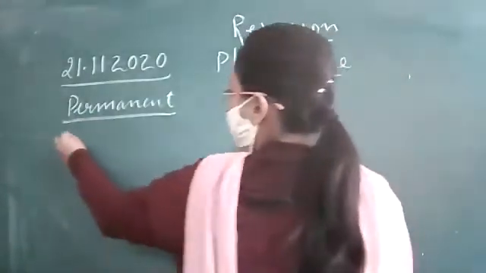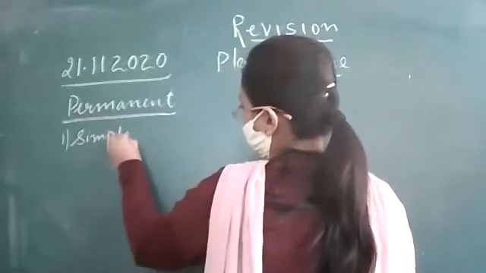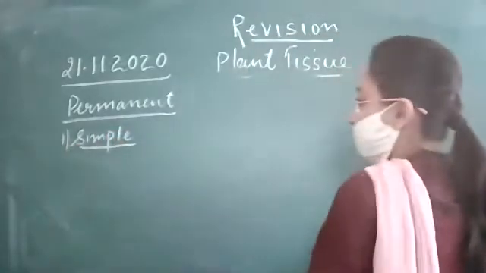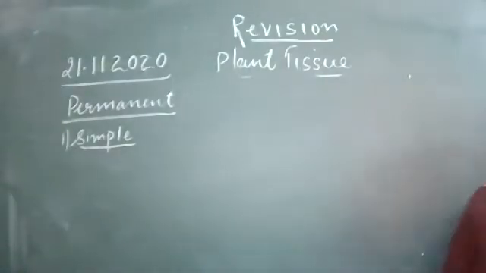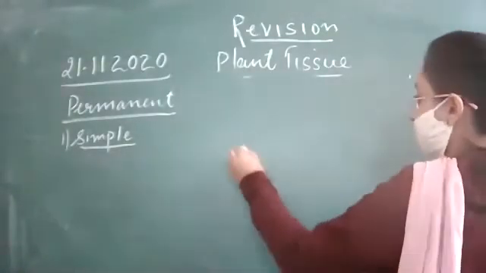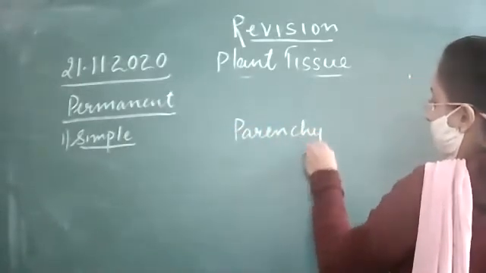In the permanent tissue, the first type is simple. In the simple, the first type is parenchyma.